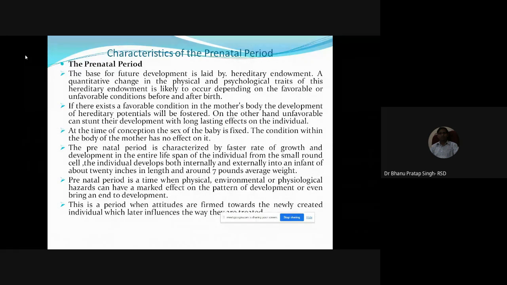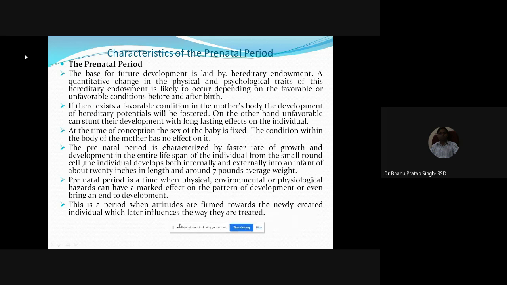There are even natural phenomena and natural activities which affect the prenatal period of the child. That may be the environment, the family environment, or the relations with the family members. So this is a period when attitudes are formed towards the newly created individual, which later influence the way they are treated.